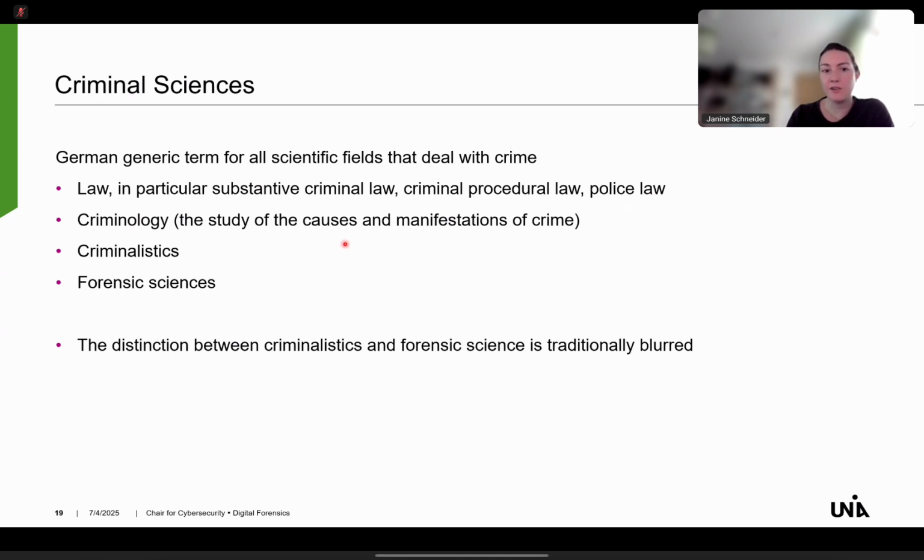It's meant to study the causes and manifestations of crime, and criminalistics is something different that we will talk about in a second. But the distinction between all these fields is traditionally blurred, especially for criminalistics and forensic sciences. Many people get confused by these two terms, but actually these two terms are closer together than the others, okay?